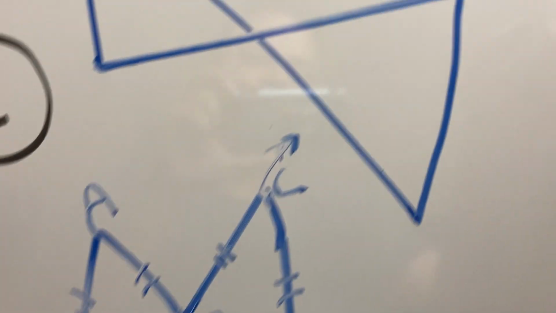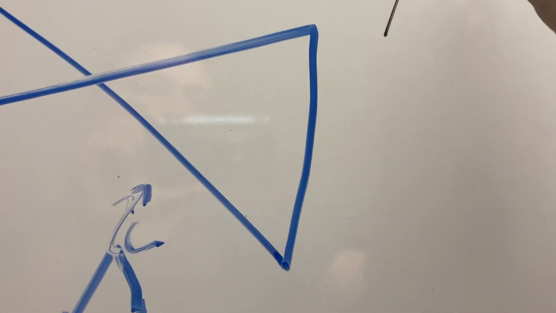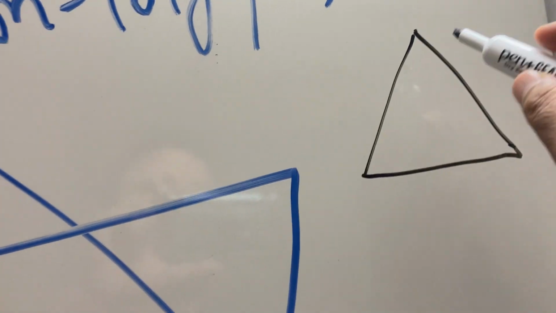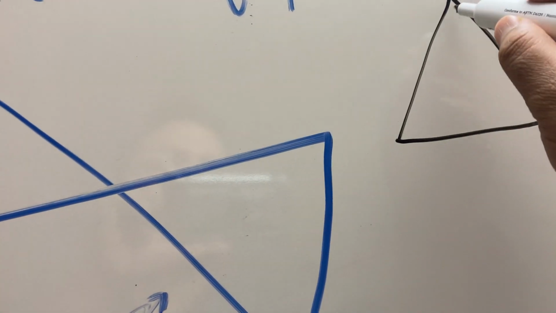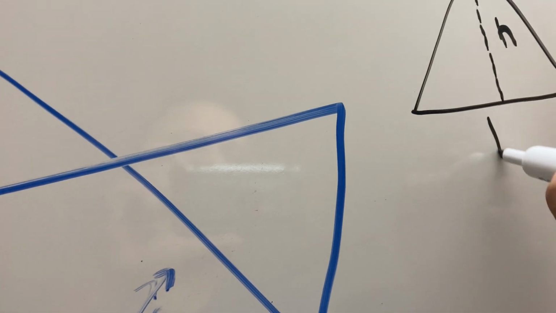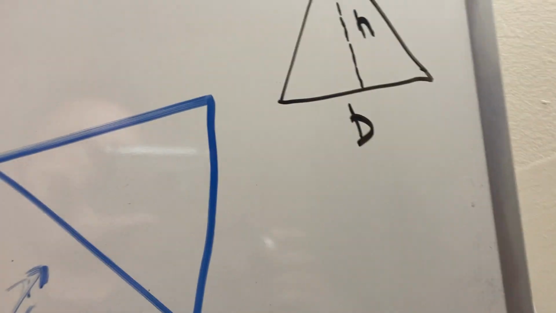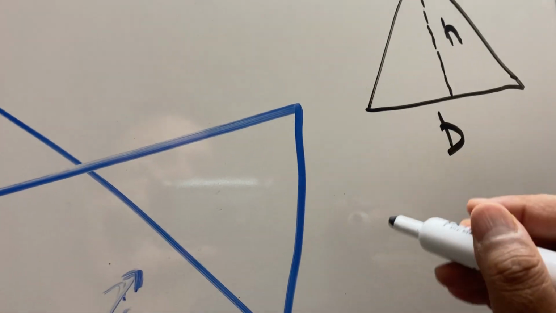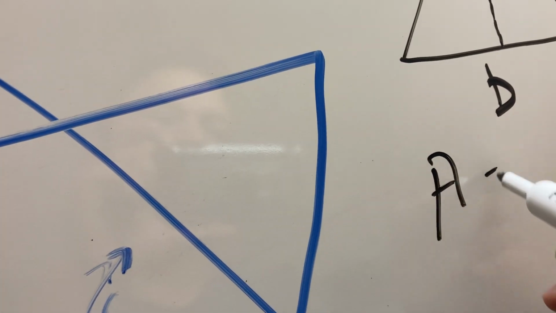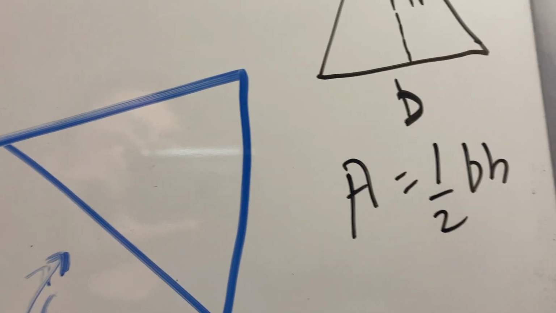Next concept we're going to talk about is, for example, you have a triangle. In this triangle, let's say this is the height and this is the base. If you want to measure the triangle's area, you are aware that we calculate it as half into the base into the height.